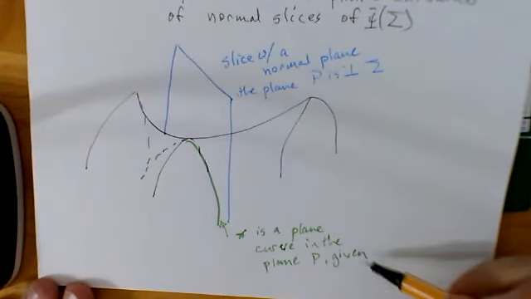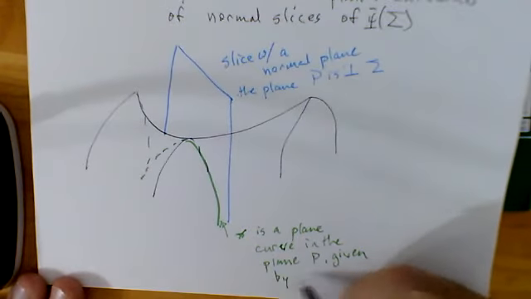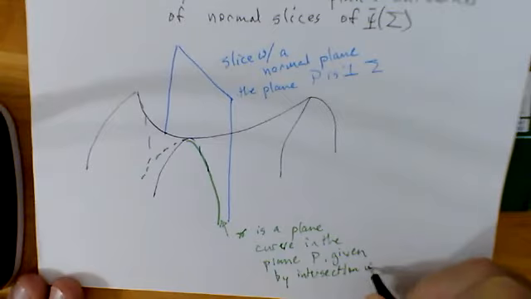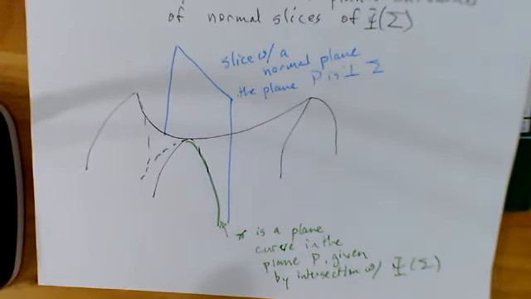This green curve here is given by intersecting with my surface.